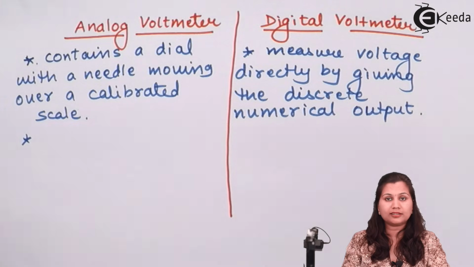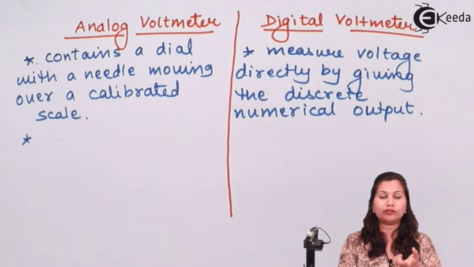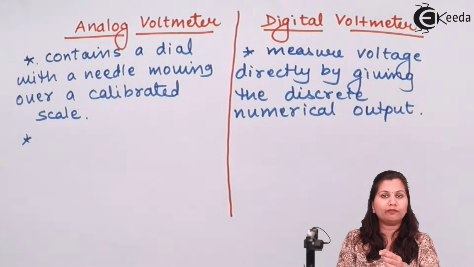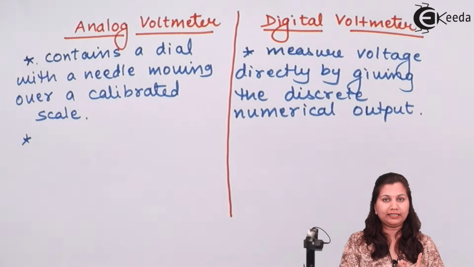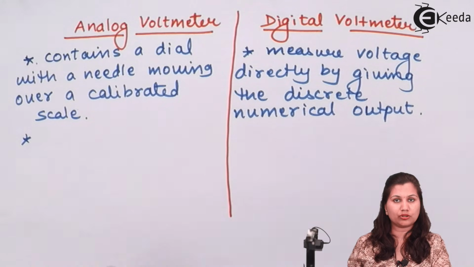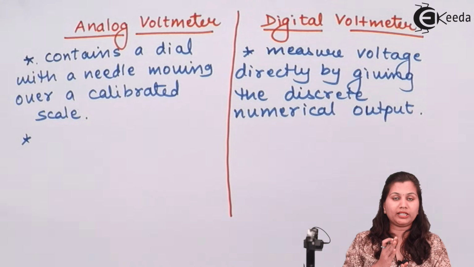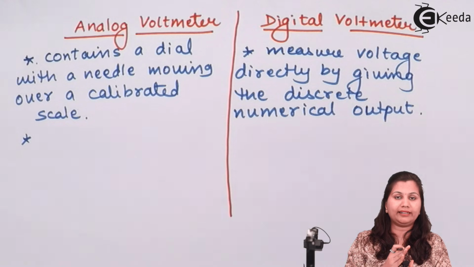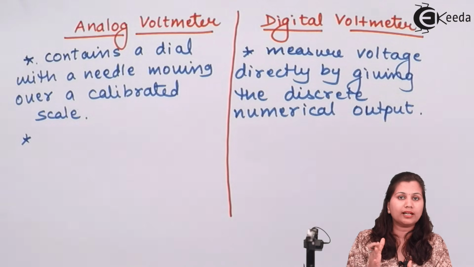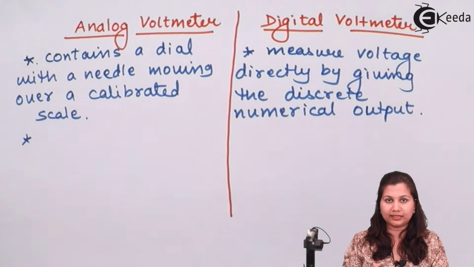Whereas in the digital voltmeter, because it directly provides us the reading, like if the voltage is 21.1 volts, we can directly read it. So there are fewer chances of errors in the digital voltmeter, whereas in analog, the observer has to see where exactly the pointer is coinciding with the divisions on the scale, so errors can occur in that.